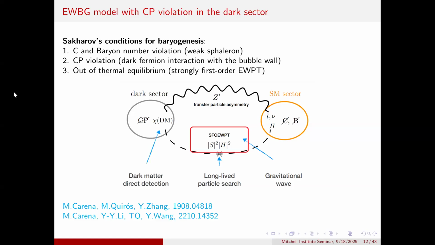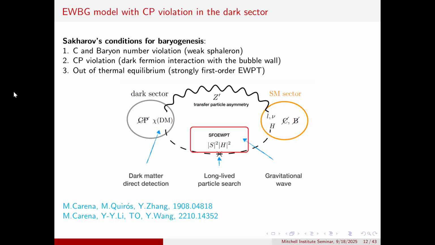So what's new here is CP violation. As I said, the top quark could provide CP violation. In our case, we have the dark fermion playing the role of the top quark. One challenge is that CP violation is introduced in the dark sector, but baryogenesis should be in the standard model sector.